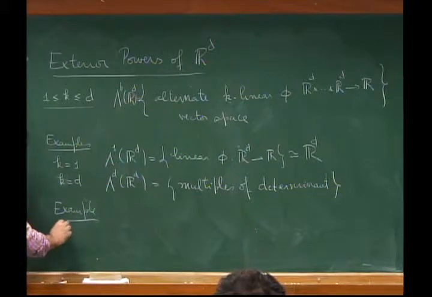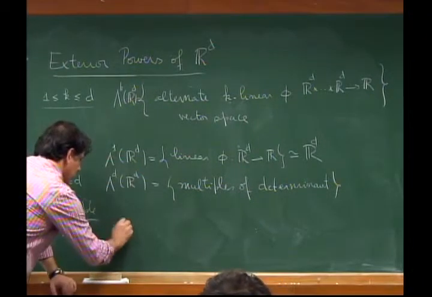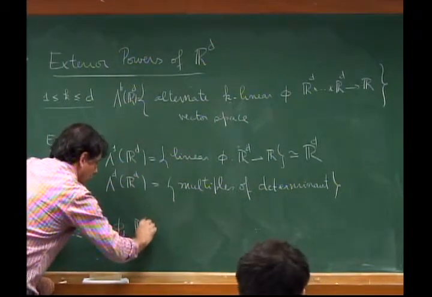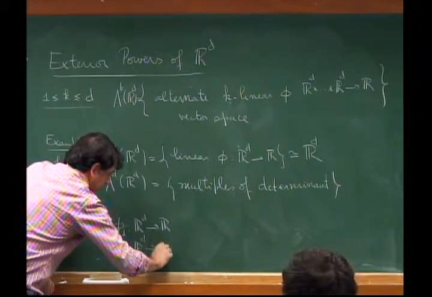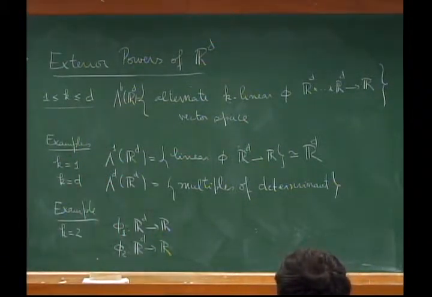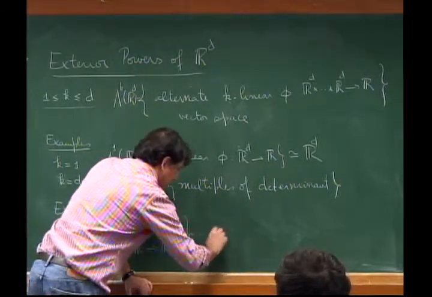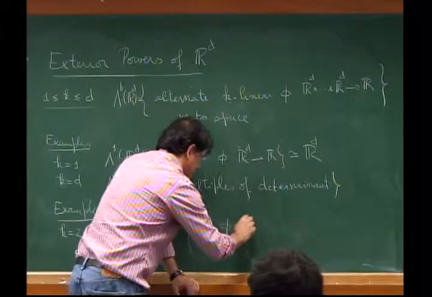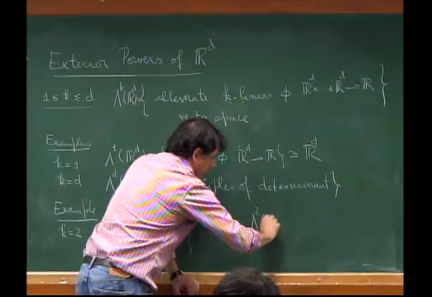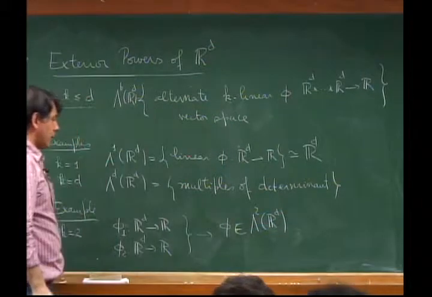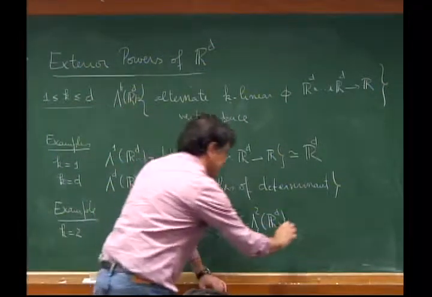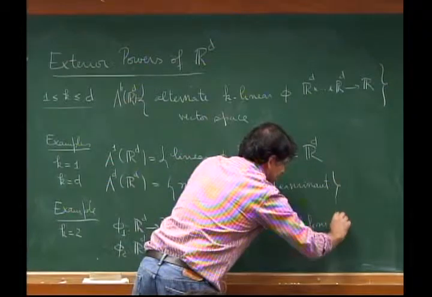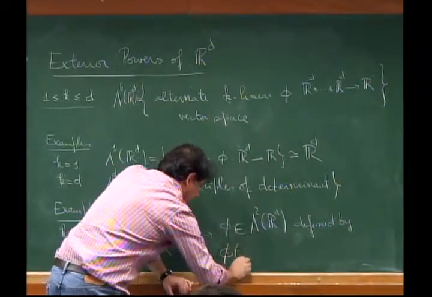For example, for k equals 2, if you take phi1 from Rd to R linear, phi2 from Rd to R, from this you can define a two-linear form as follows. So phi is a bilinear form.